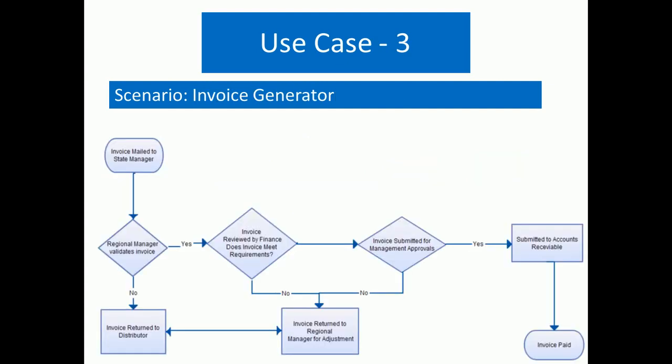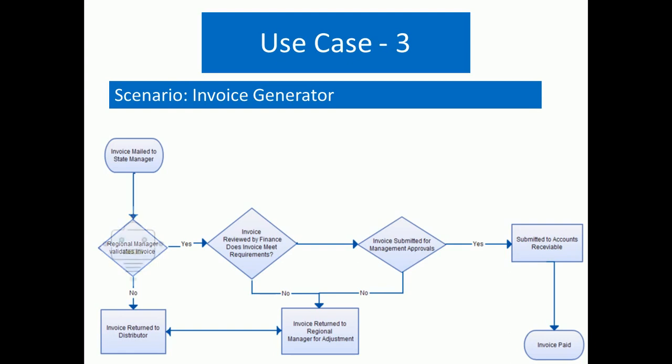Now there is another scenario, the invoice generator. If you see how exactly the invoice is generated, this is the flow, we can call it a work process. First, the invoice is mailed to the manager, and the manager validates this invoice. The validation part, taken care of by the human action or the manager, is replaced with the bot.